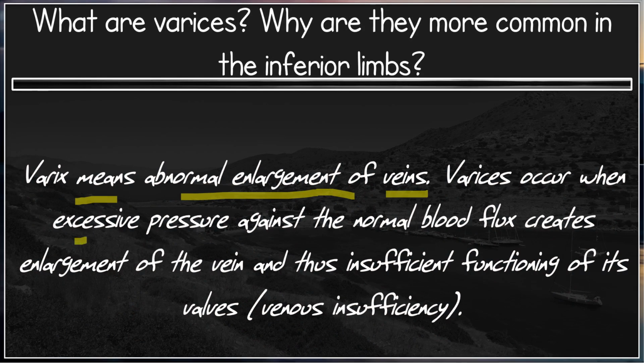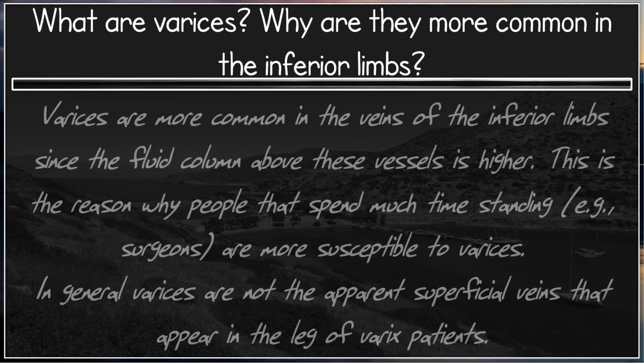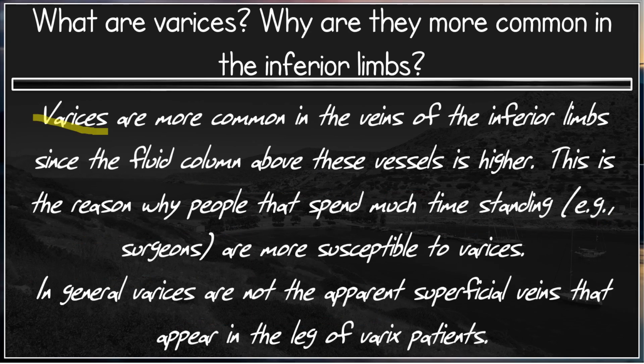Varices occur when excessive pressure against the normal blood flux creates enlargement in the vein, and thus insufficient functioning of its valve, venous insufficiency. Varices are more common in the veins of the inferior limbs, since the fluid column above these vessels is high.